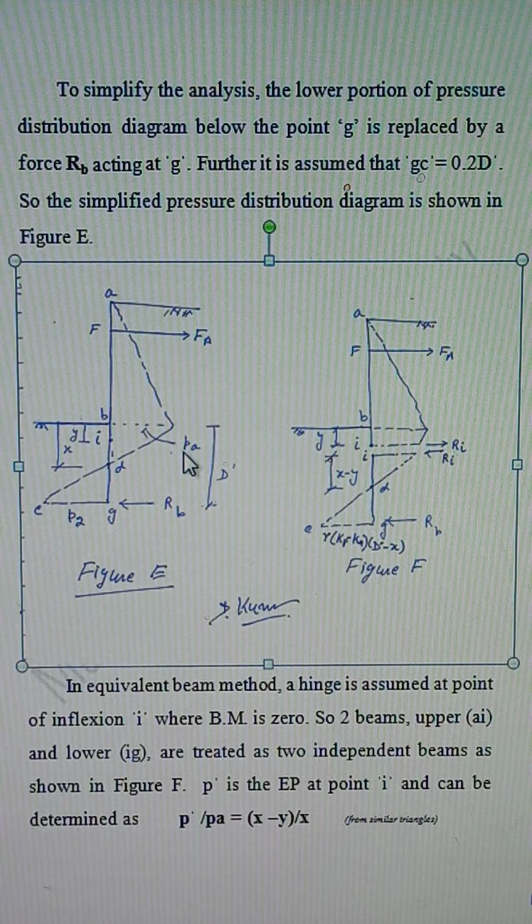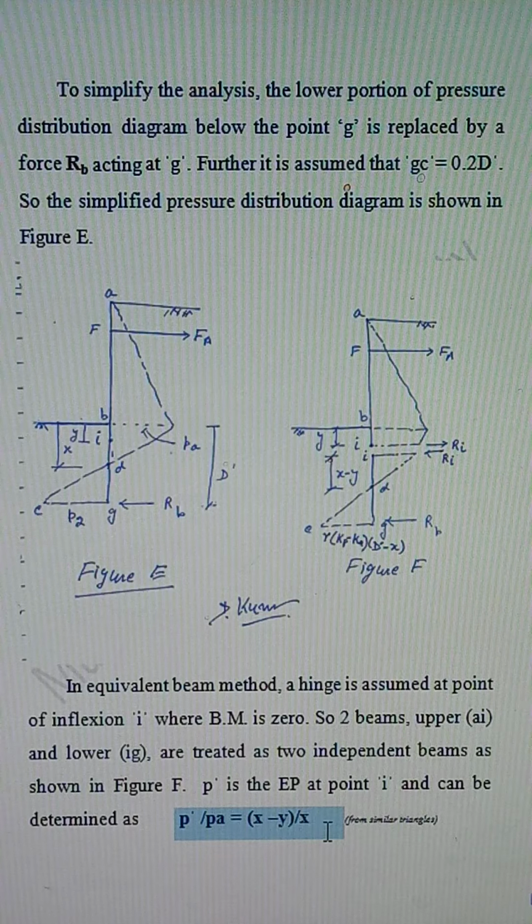In the equivalent beam method, a hinge is assumed at the point of inflection I, and so there are two independent beams as shown in figure F, AI and IG, and at I there are equal and opposite reactions Ri. We can determine the earth pressure at the point of inflection using similar triangles.